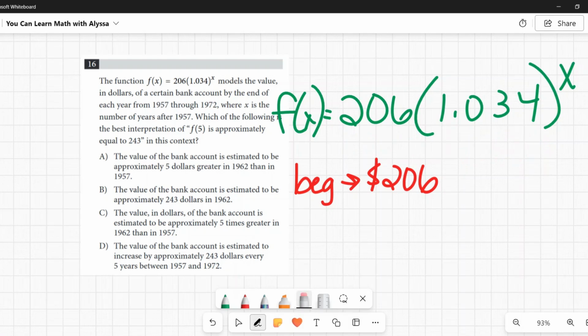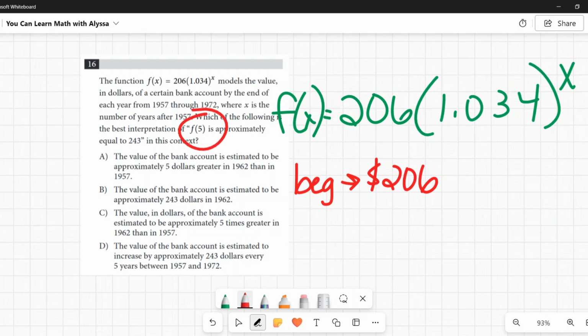And then to the power of x, they're telling us x is the number of years. So 1 year after that beginning, it got multiplied by 1.034 and had extra money. Then 2 years, they multiplied it by this twice, because it got that interest for 2 years, and so on and so on. So it's going to get more and more every year.